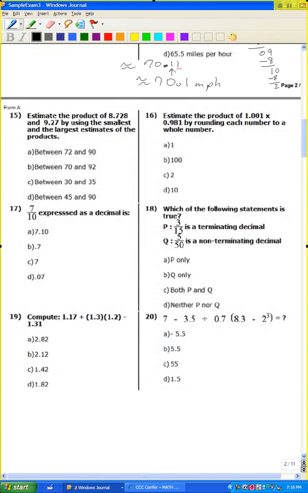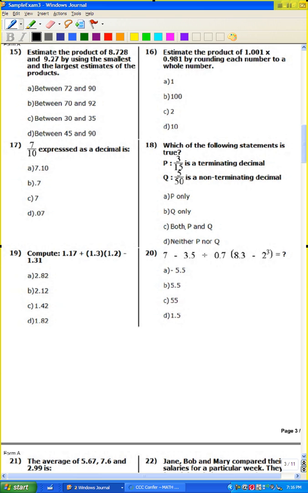15. Estimate the product of 8.728 and 9.27 by using the smallest and largest estimates. So the smallest estimate for 8.728 is, well, 8. Okay, that's the smallest sort of estimate. The larger estimate would be 9. So for the smaller estimate, truncate.